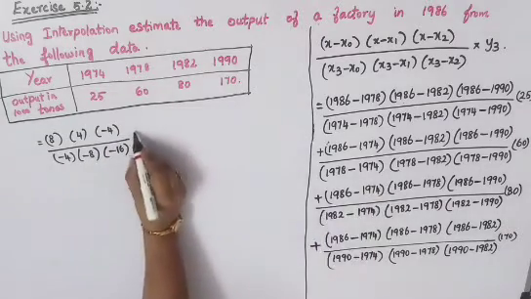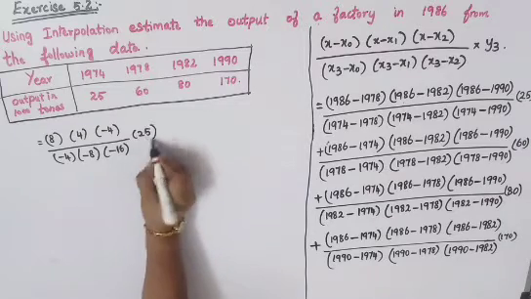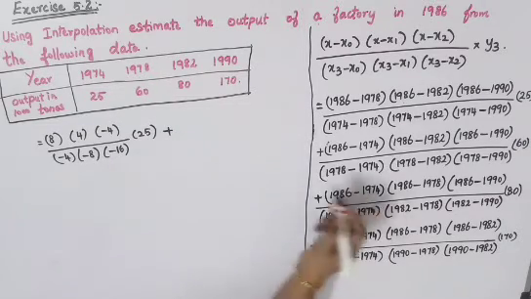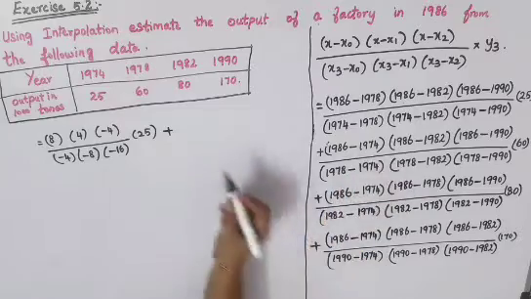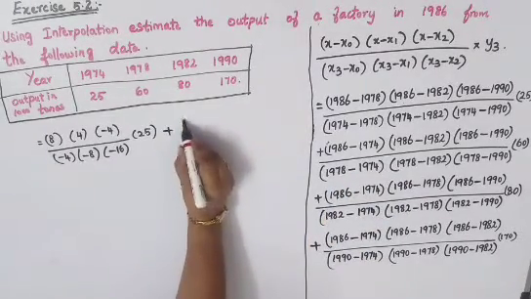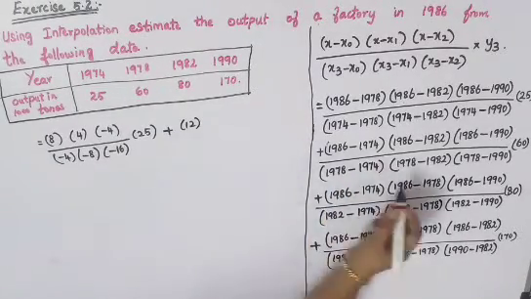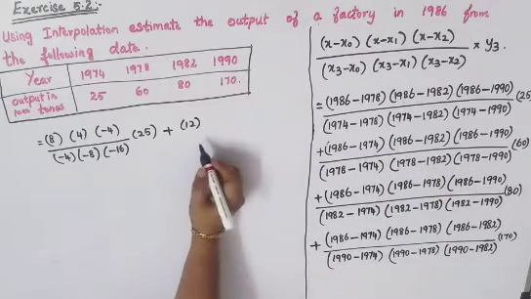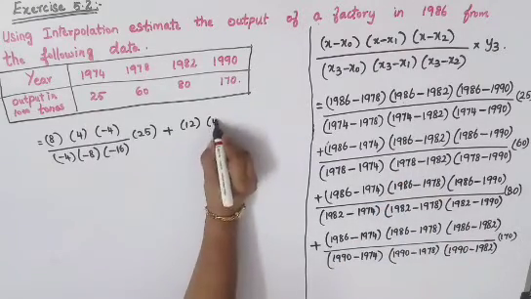And into your 25, it is there as it is. Plus your second line, 1986 minus 1974, you'll get 12. Then 1986 minus 1982 will get 4.